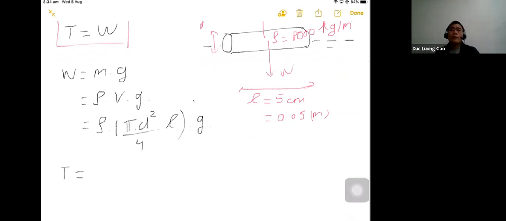Surface tension force will be equal to surface tension coefficient times the contact length between the needle and the water surface.